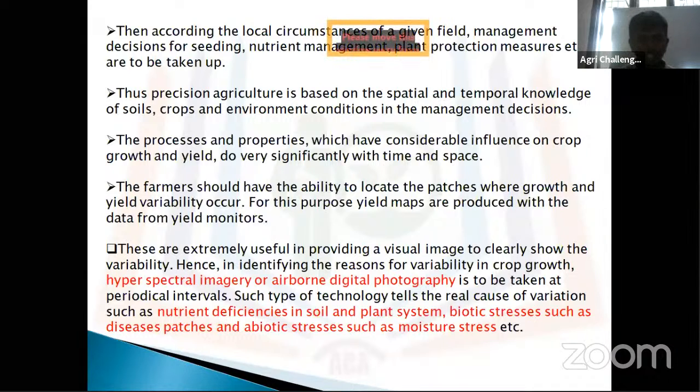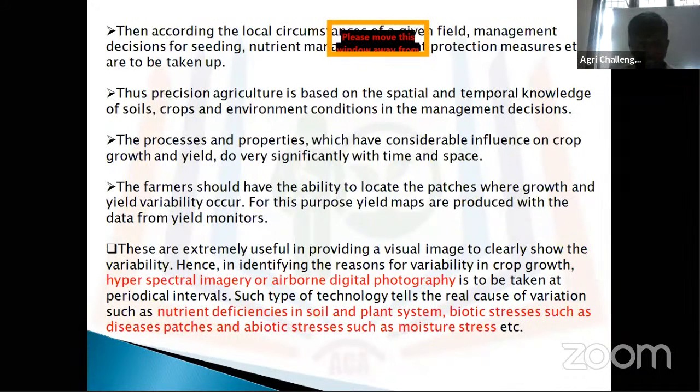Some plants are growing very vigorously and some plants have very poor growth. How do we know whether it is moisture deficiency or nutrient deficiency? For that, you have to use multispectral, hyperspectral or digital photography. After analyzing the sensor data, we get separate indices, the NDVI value, then moisture stress values. There are different indices.